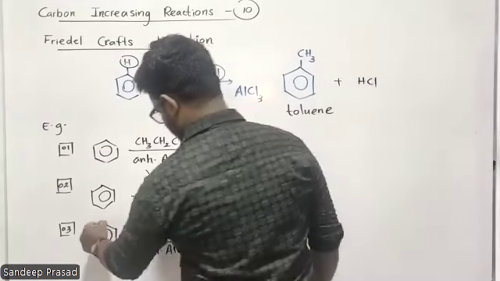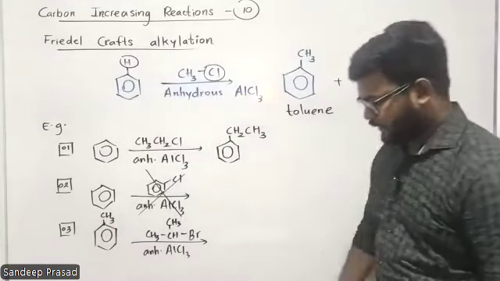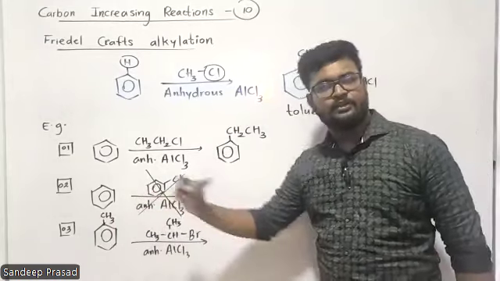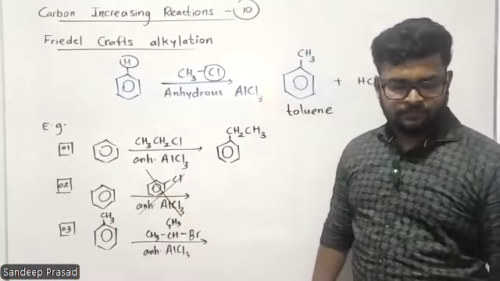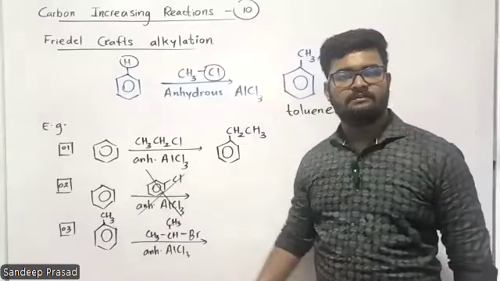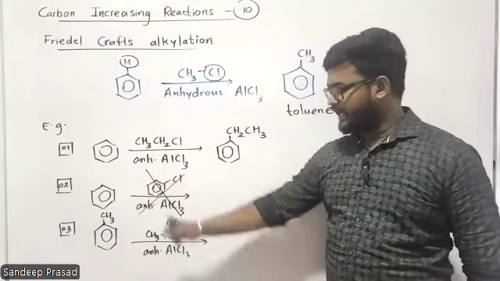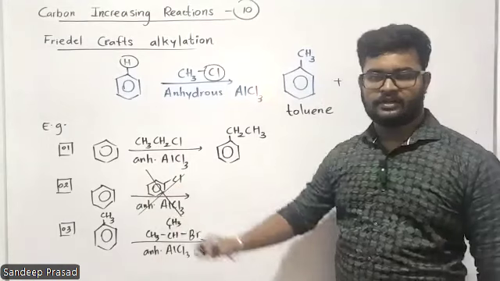Just imagine here we have a CH3 group already. Now we are adding this alkyl halide in the presence of catalyst, not directly to the benzene. We have methyl benzene. Students, tell me, is the methyl group ortho-para directing or meta directing? It is exactly an ortho-para directing group.